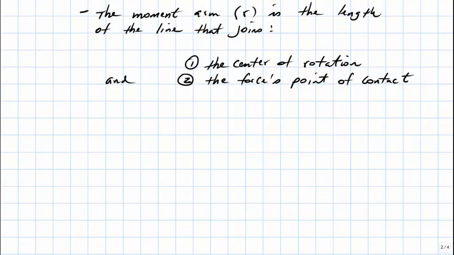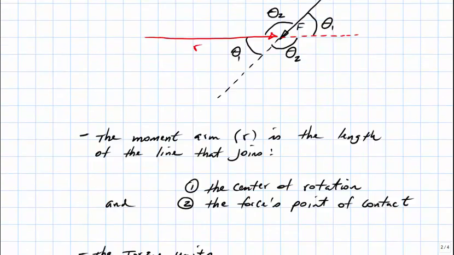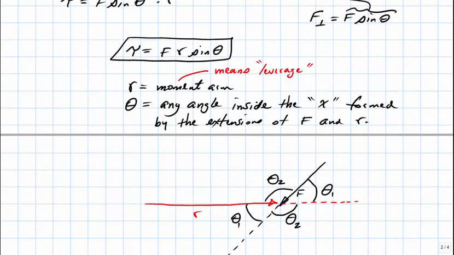Let's introduce the units for torque. From our torque equation, we note that the torque equals force times displacement times the sine of the angle between the two. Now, in the SI system, force is represented in newtons, and R, which is the moment arm, is represented in meters.